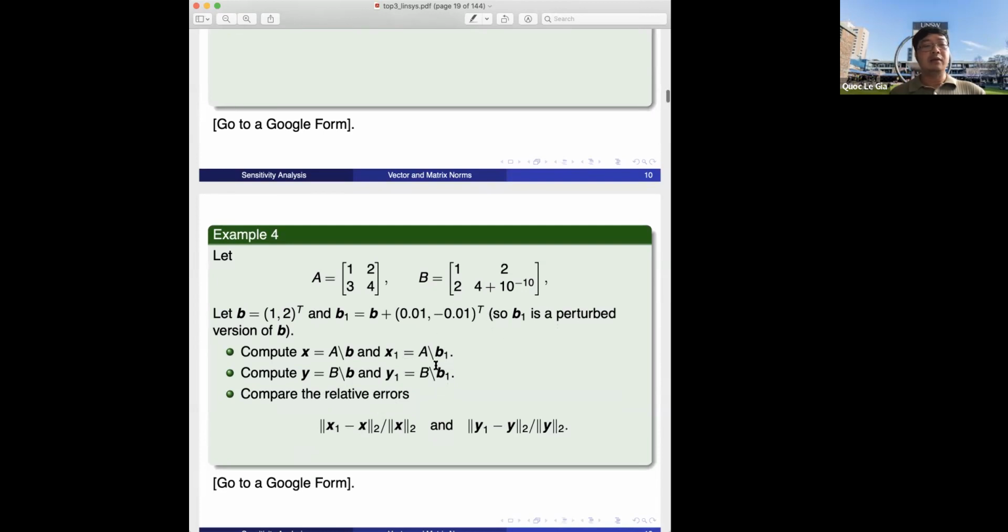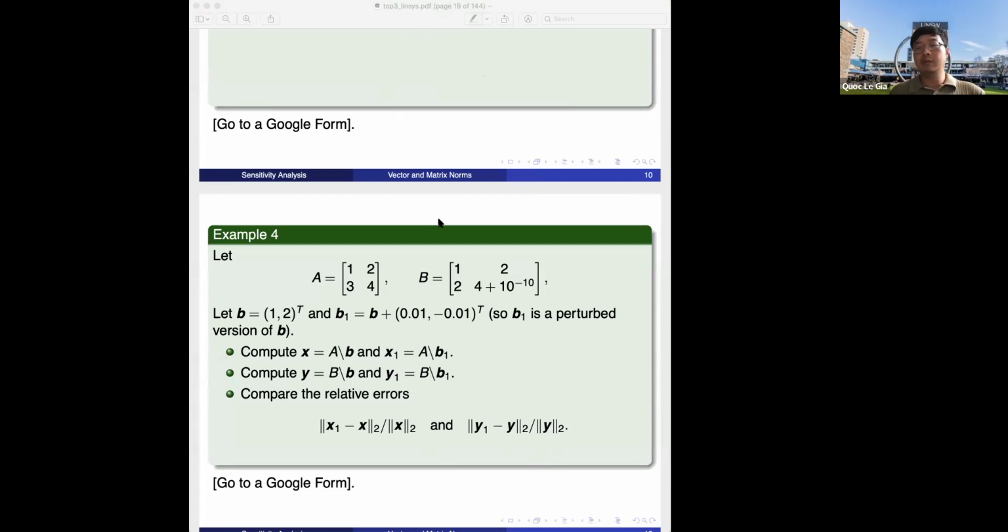And then, so I say that you go to the Google form. If you go to the Google form, they ask you a question. So let me go to the Google form. Now if you have MATLAB, please do this. I think the Google form is in Moodle. So if you go to Moodle, you see that now we have a concept of the norm.